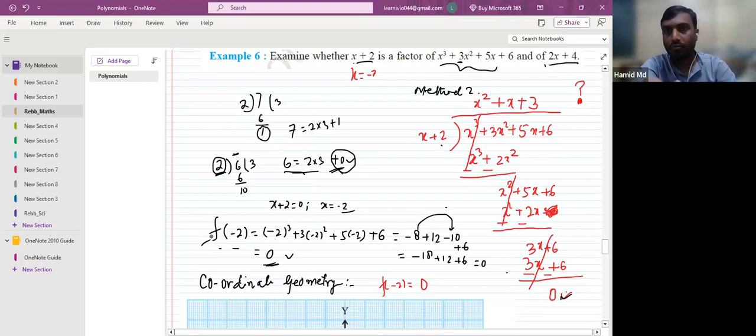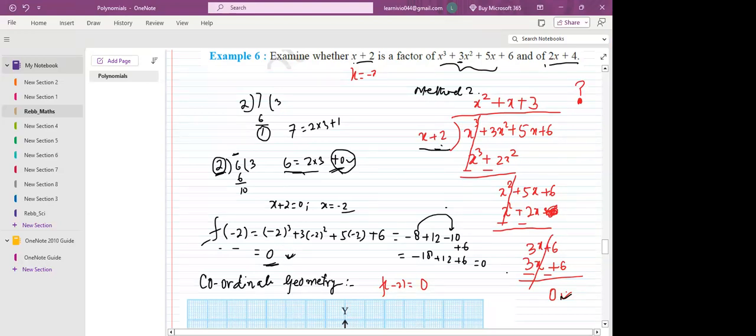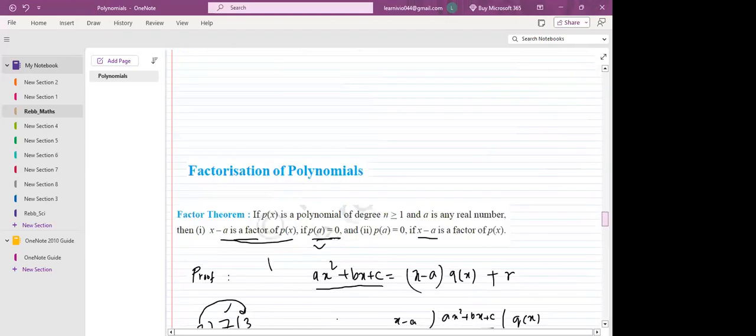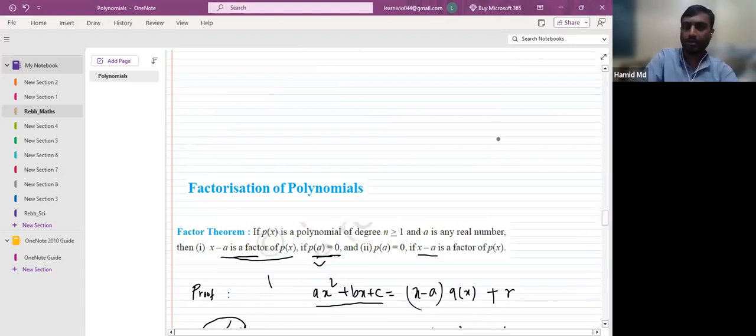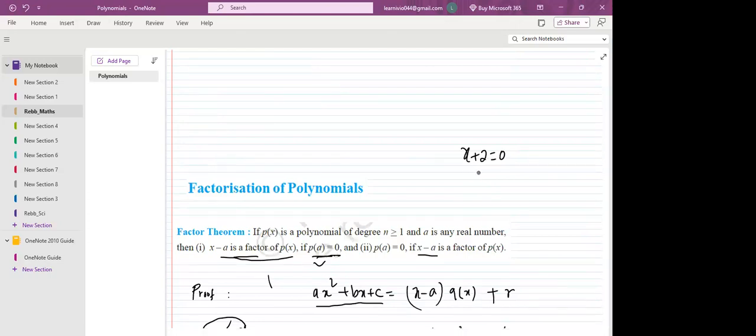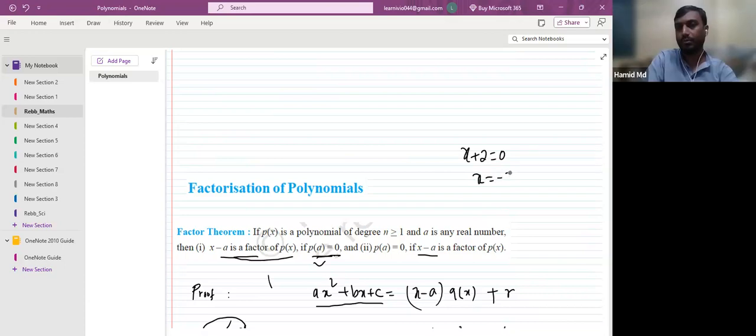Then f of x plus 2 equal to 0 will also give you 0. So why are we using the function at minus 2? Because x plus 2 is 0, so we put it as 0. Clear? So x will become minus 2.